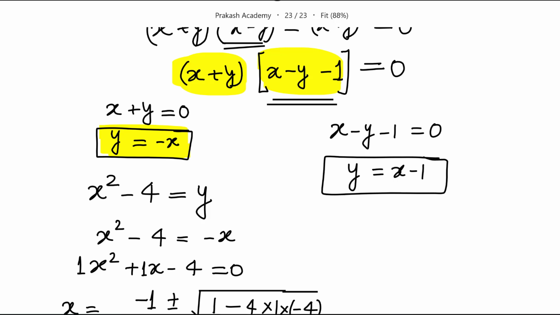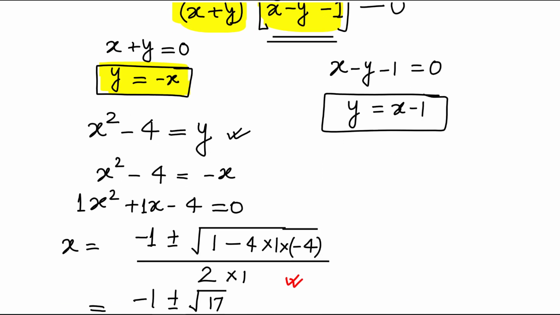So now I can put the value of y in terms of x. So I will have x square minus 4 is equal to y, and y is nothing but x minus 1. So I will have x square minus x minus 3 is equal to 0.